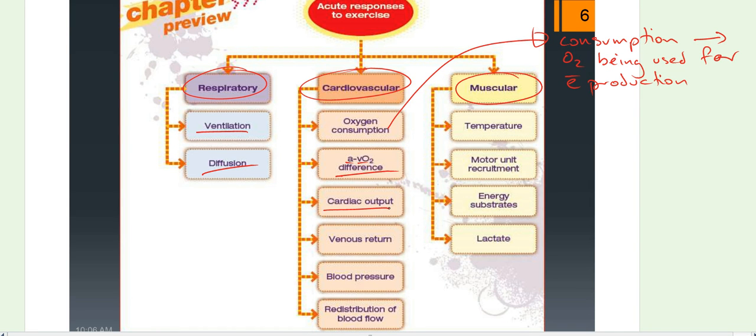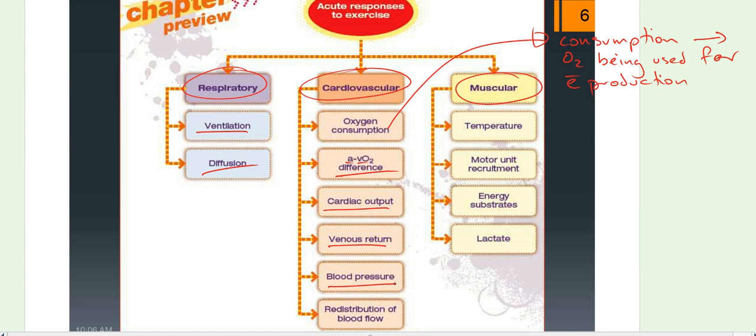Cardiac output. So here we're looking at the amount of blood that is pumped out of the heart to the working muscles, so through the left ventricle per minute. If we pump more blood per minute, we are therefore delivering more oxygen per minute, therefore being able to produce a greater amount of aerobic energy in a minute. Venous return. So what changes occur in our body to enable us to increase the rate of blood being returned to the heart? Blood pressure.